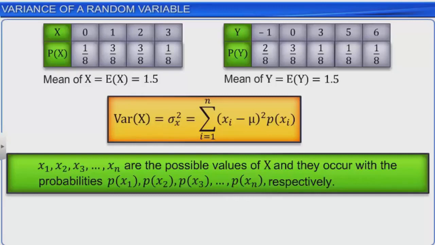Mu is the expectation of X or mean of X. The formula can also be written as sigma X squared is equal to E of X minus mu whole squared.